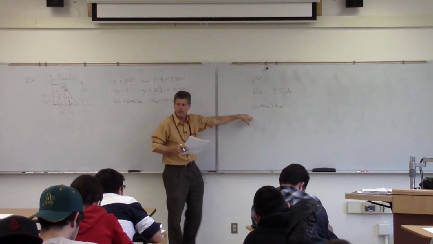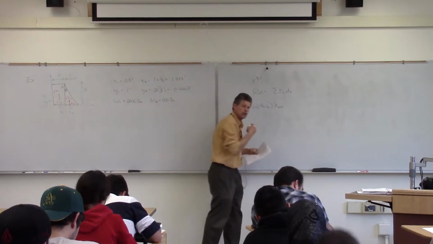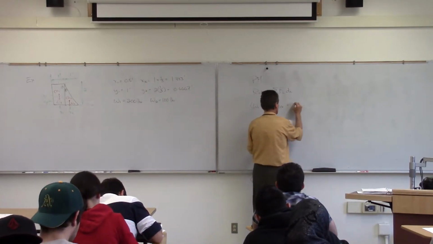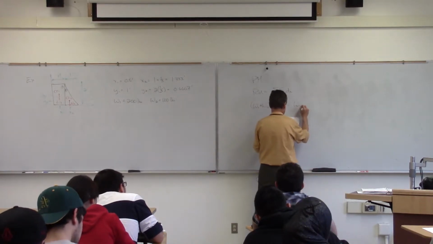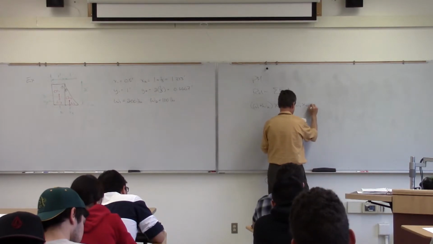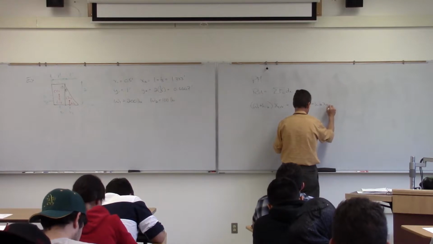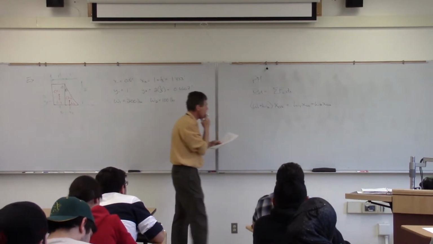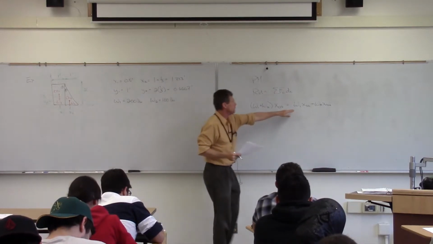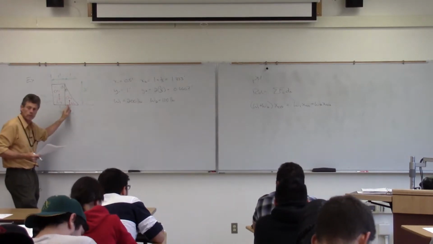So R is just simply going to be W1 plus W2. It's the weight of the combination. XCG is the thing we're looking for. And then we need to consider looking at the two pieces there. And it'll just be those pieces, the individual weights, times their individual moment arms.